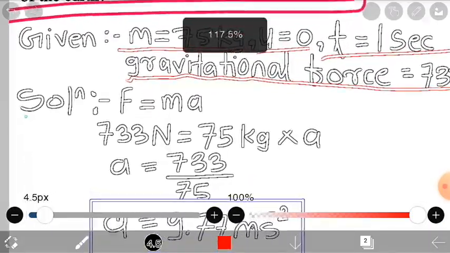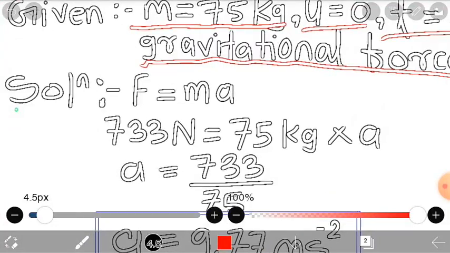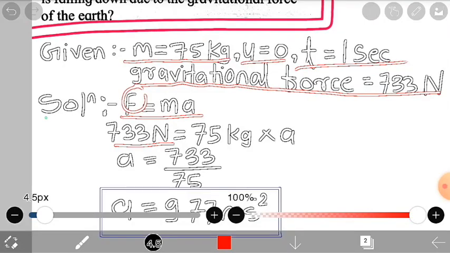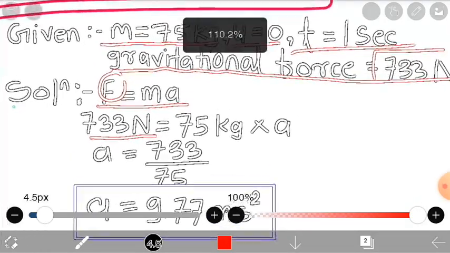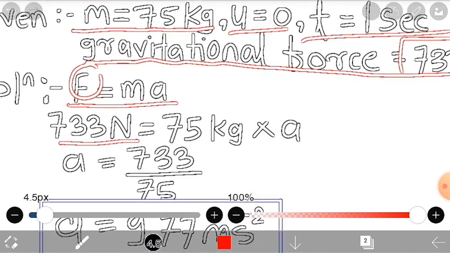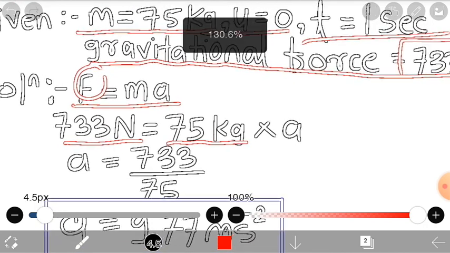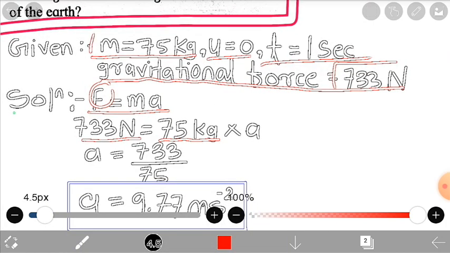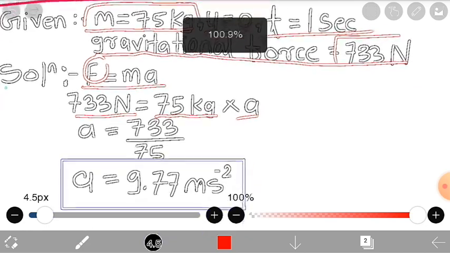So let's write the solution. In solution, we know that force is equal to mass into acceleration. Therefore, instead of F, we can write here 733 newtons, as force equals 733 newtons, and force equals mass into acceleration. Therefore mass is 75 kg, that is the mass of Mahendra, into acceleration.